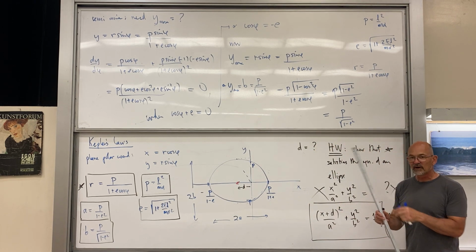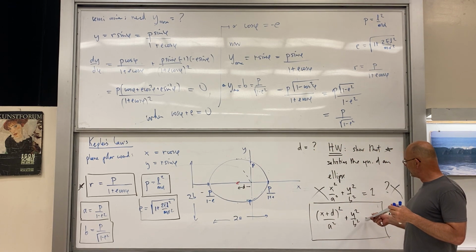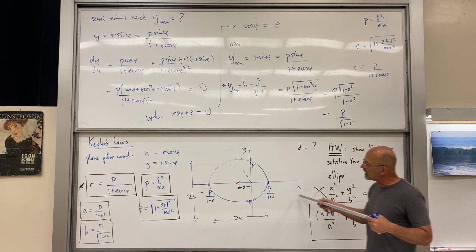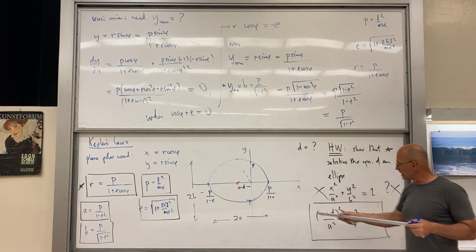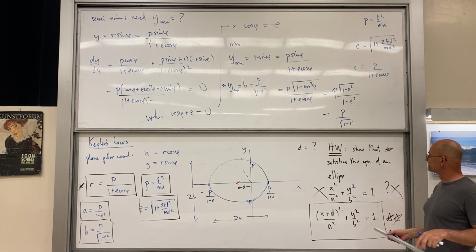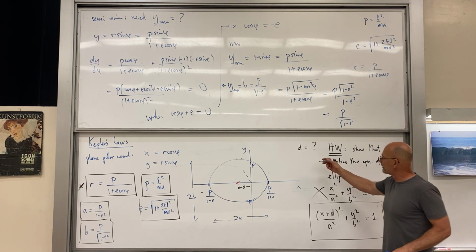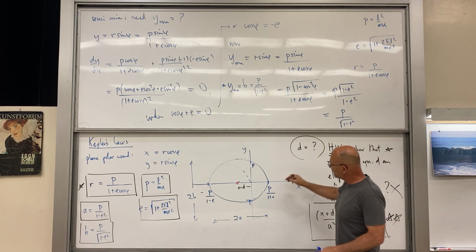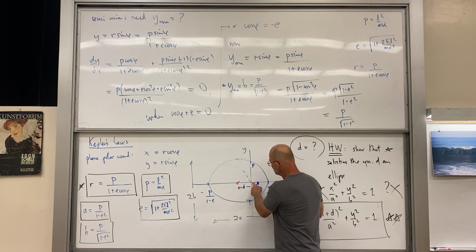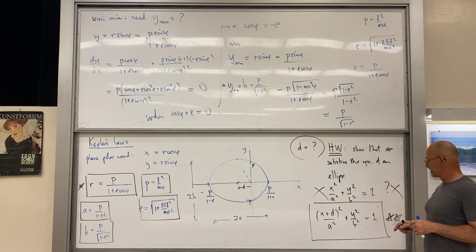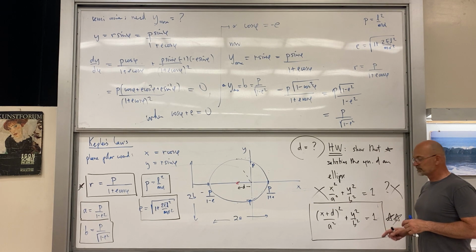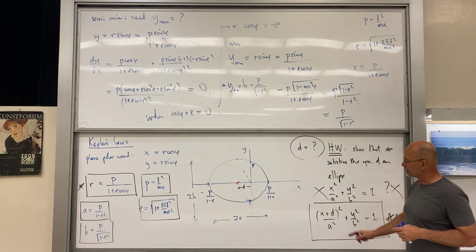So we won't consider it demonstrated to be satisfying Kepler's first law until we convert this back into the Cartesian coordinates and show that we have this right there. So yeah, first you have to find out what the distance is from the geometric center to this origin. It's pretty basic. It's proportional to e.